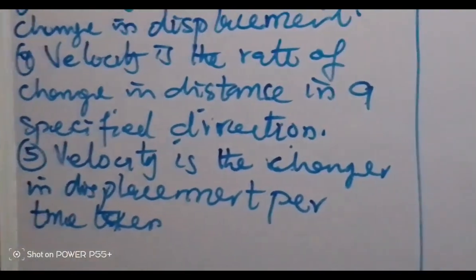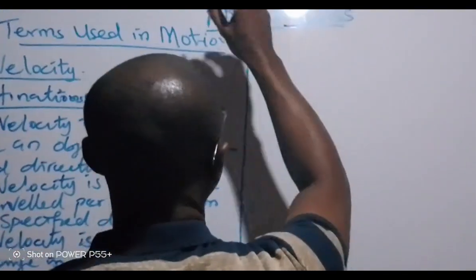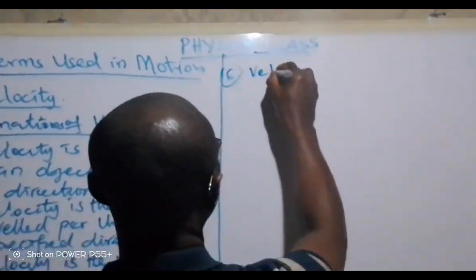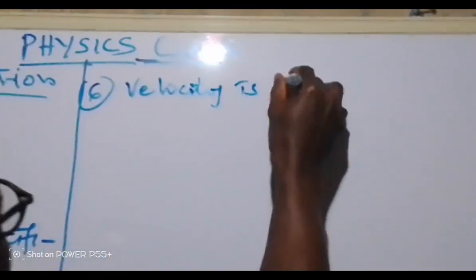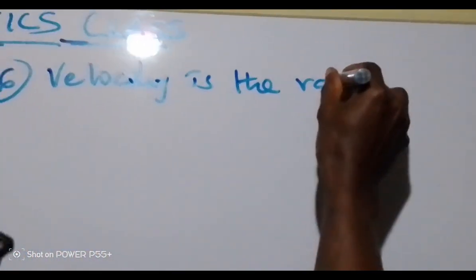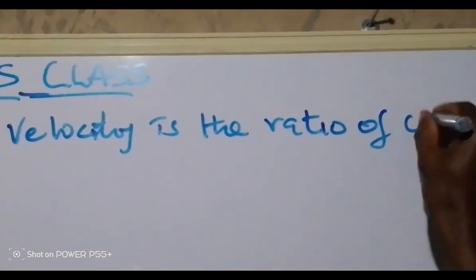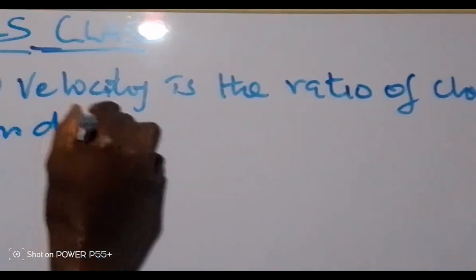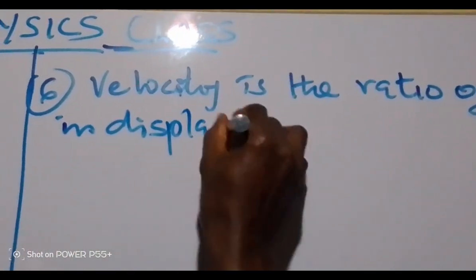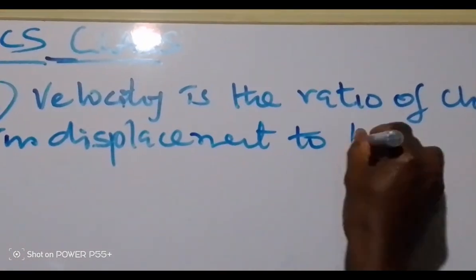Change in displacement per time taken. And let's have one more. Velocity is the ratio of change in displacement to time taken.